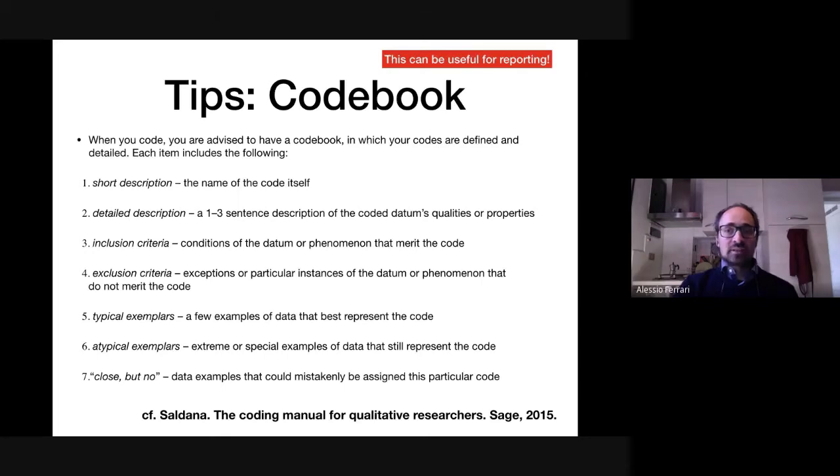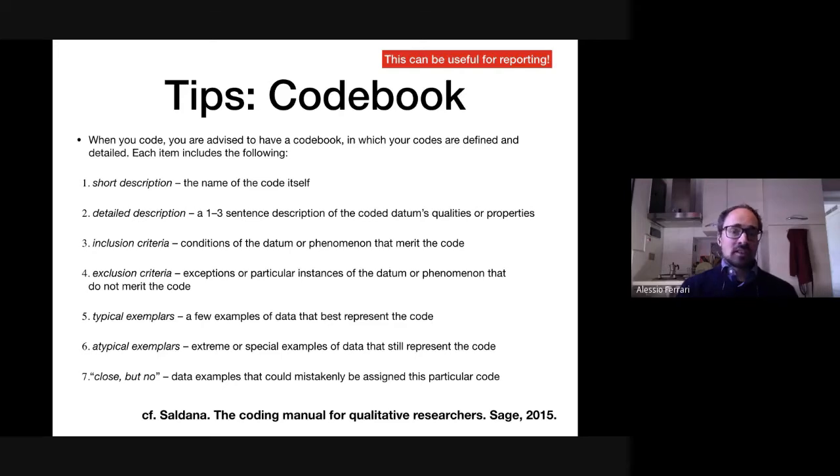Other tips, the code book. Whenever you code, the suggestion is to have a code book, at least after a while, when your codes become more consolidated. And each code should be detailed. This, of course, takes a lot of time. You need the name of the code, a short description, a detailed description, something that gives meaning to that label.